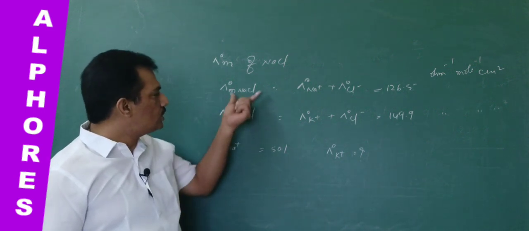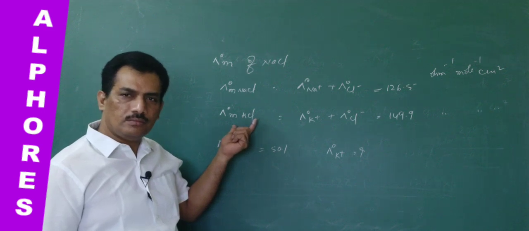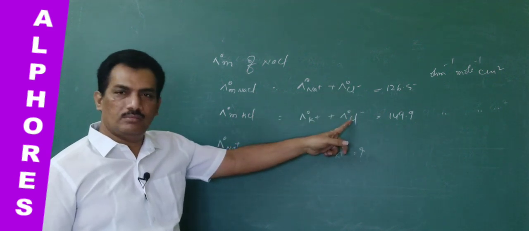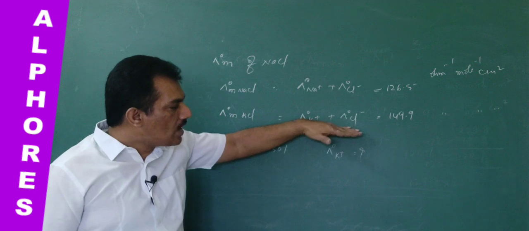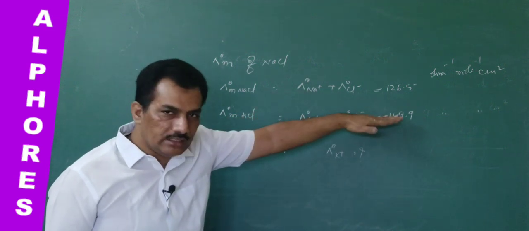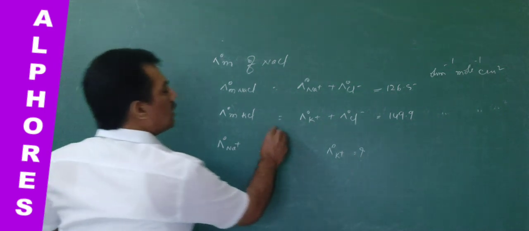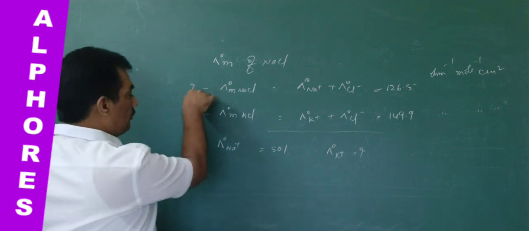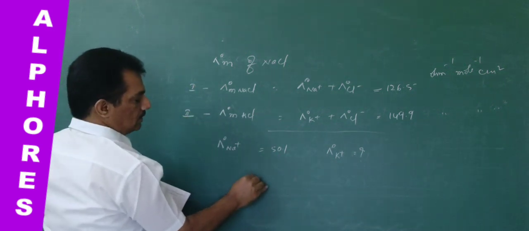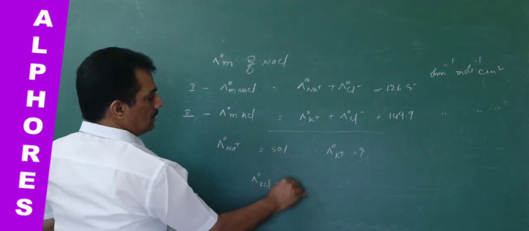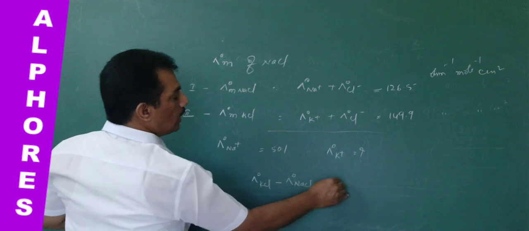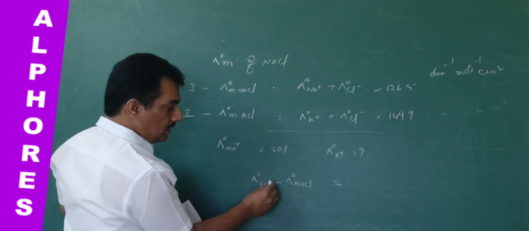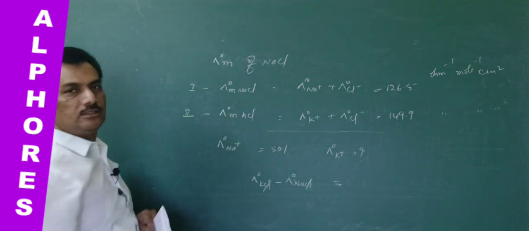In this case, both these two are having the common anion, that is chloride ion. So with this common anion, just observe, if we subtract equation 1 from equation 2, that is, lambda naught KCl minus lambda naught NaCl, this Cl will be cancelled by this.